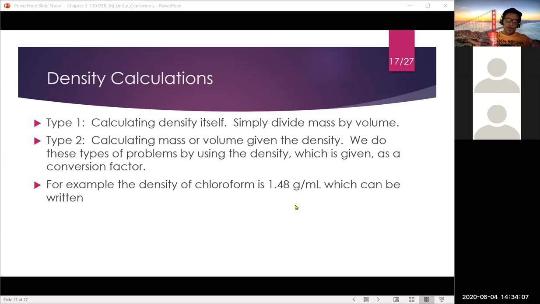Two milliliters of chloroform, how much would it weigh? Nobody want to give it a shot? It's right there in front of you. Think about it. If 1 milliliter weighs 1.48 grams, how much do you think 2 milliliters would weigh?